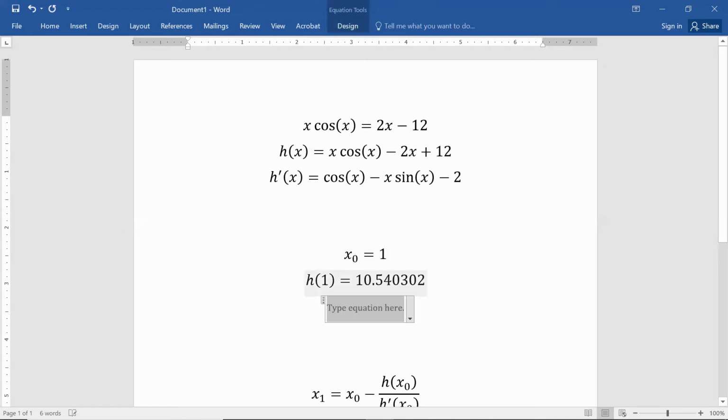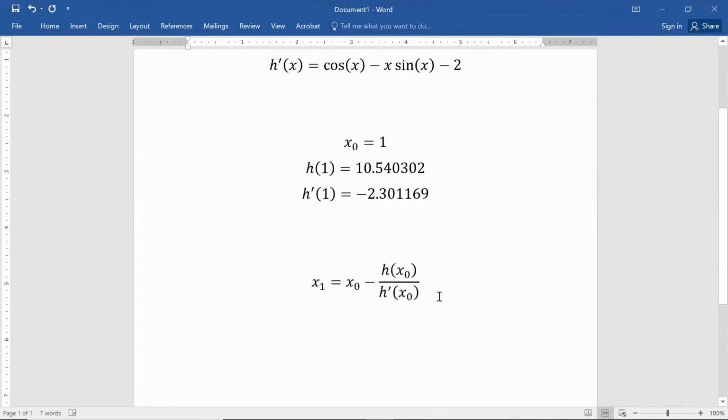If I do my derivative at 1, cosine of 1 minus 1 times sine of 1 minus 2 becomes negative 2.30116686. Let me round that to 6 decimal places because that's what we've been doing.